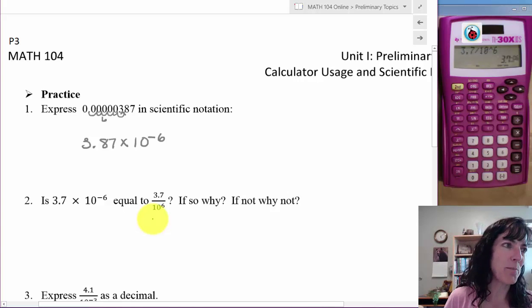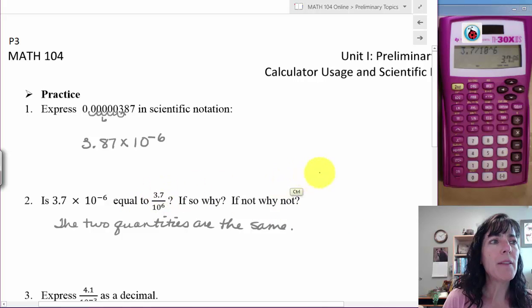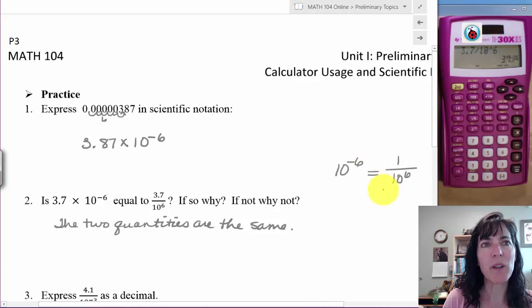It is the same. And I wanted to just give you some math background of why. That's because if you have a value with a negative exponent, you can convert it to 1 over that value to a positive exponent. And so we're converting 10 to the negative 6 into 1 over 10 to the positive 6.